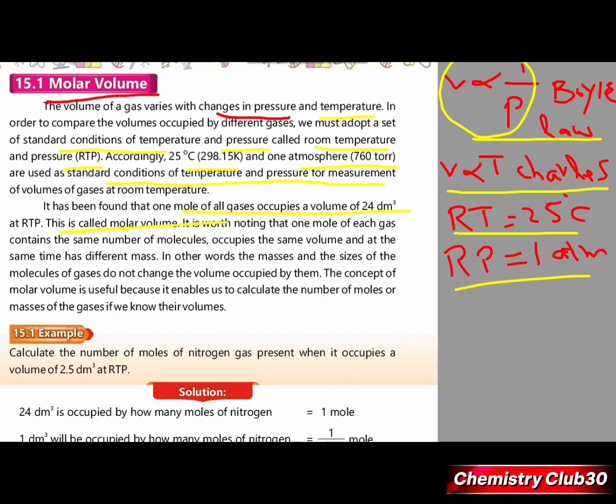It's worth noting that 1 mole of each gas contains the same number of molecules and occupies the same volume at the same time, but has different mass. So irrespective of the type of gas, the volume occupied will be the same if different gases have the same number of moles.